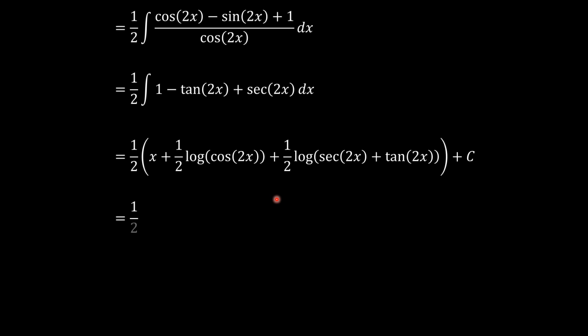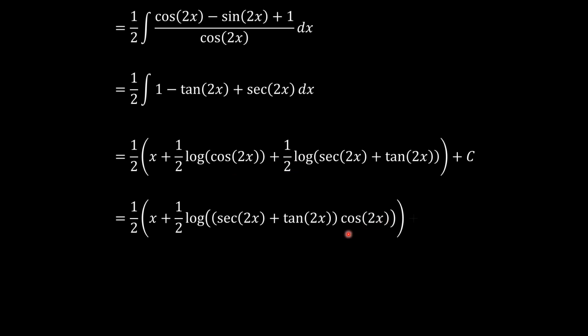So we have half x plus half natural logarithm of secant 2x plus tangent 2x, and since we have an addition here, by the rules of logarithm, we multiply cosine 2x into whatever is under the log function, and so that becomes half of x plus half of natural logarithm of 1 plus sine of 2x, and obviously plus the integration constant.